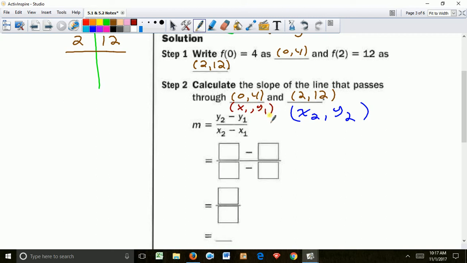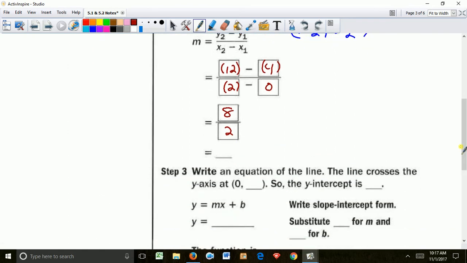Using those subscripts, you're going to get 12 minus 4 divided by 2 minus 0. 12 minus 4 is 8, and then 2 minus 0 is 2. And if you simplify this, you do get 4. So the value of the slope is 4.